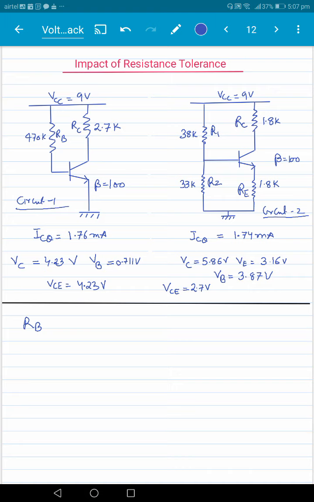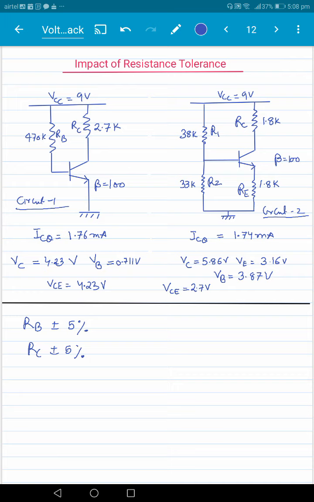If you go and take a resistor in the lab and build this particular circuit, the resistors have tolerances. So for example, this particular resistor, depending on the resistor that you choose, could have a tolerance of plus minus 10% or 5% or things like that. Similarly, the collector resistors will have a tolerance of plus minus 5%, meaning that the base resistance could be 5% higher or could be as much as 5% lower than 470K.